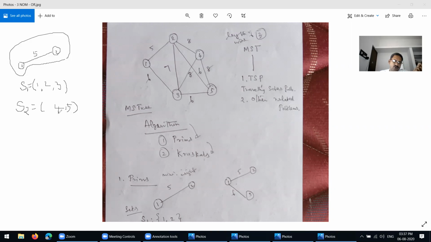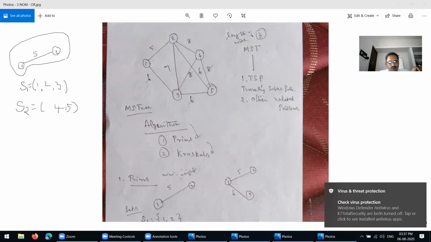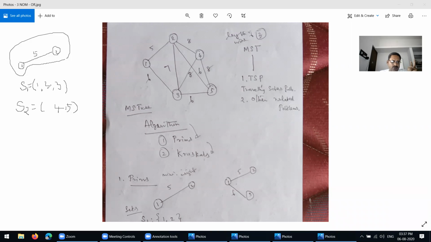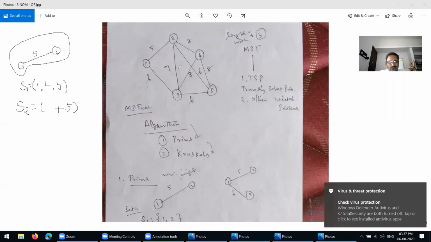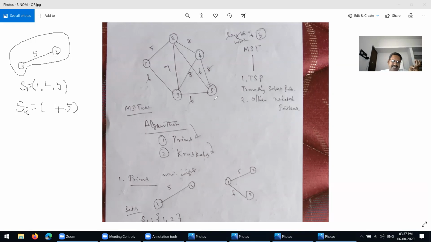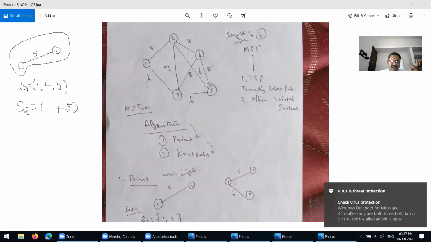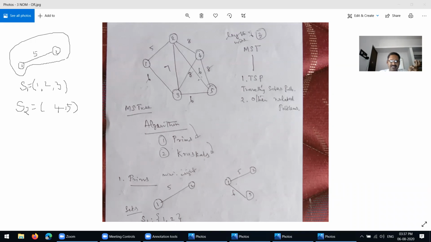Then 1 to 4: it is not connected. 1 to 5 is not connected. So there is no minimum value. Then 2 to 4 is 8, and 2 to 5 is 6.